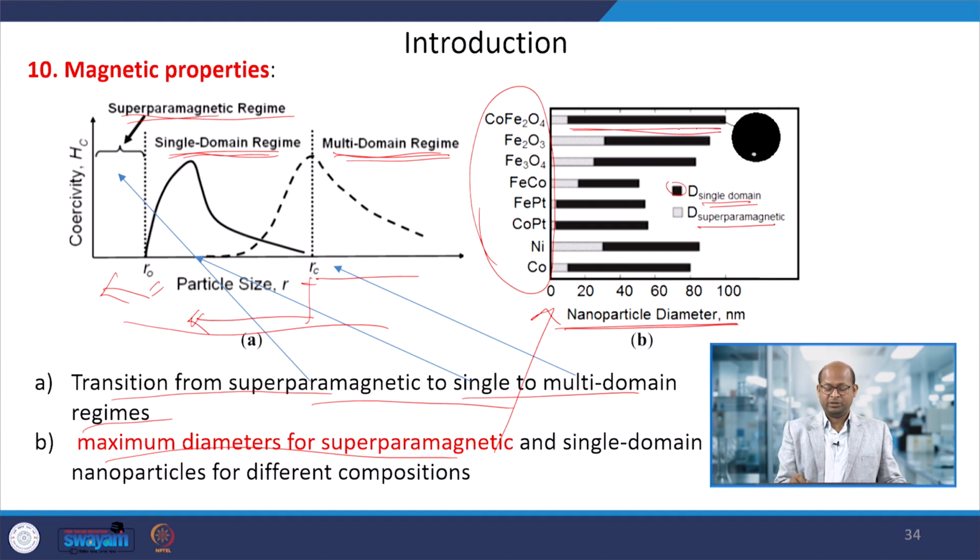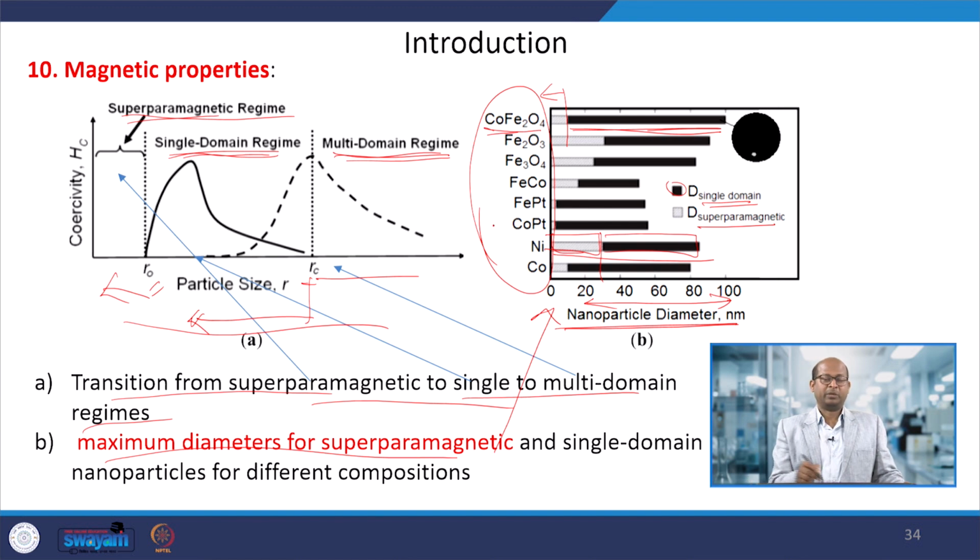Up to this diameter, if we are able to prepare this material, it would show single domain. After that, it would show superparamagnetic properties. Even in the case of nickel, up to this diameter it would show single domain, and if we are able to prepare the nickel material lower than that diameter, it would give superparamagnetic properties.